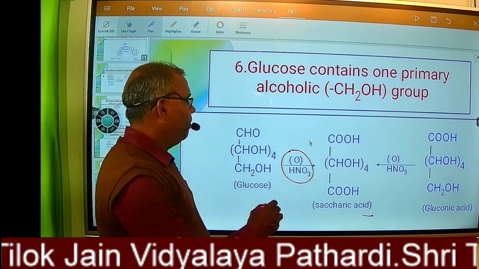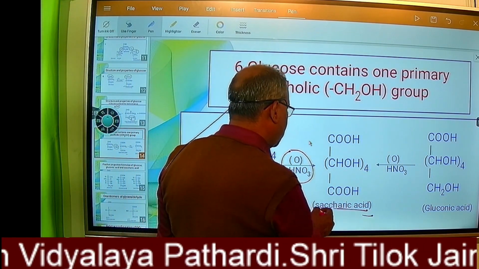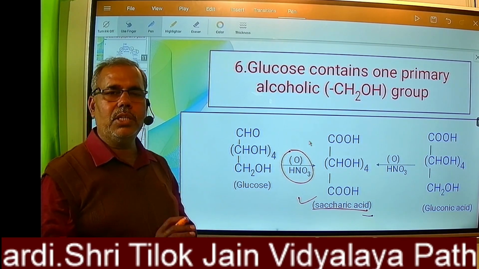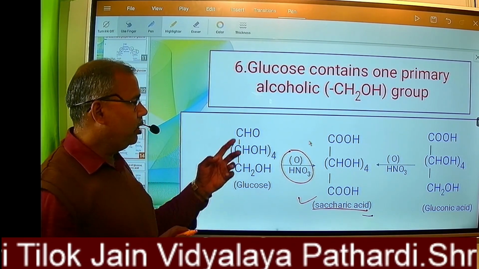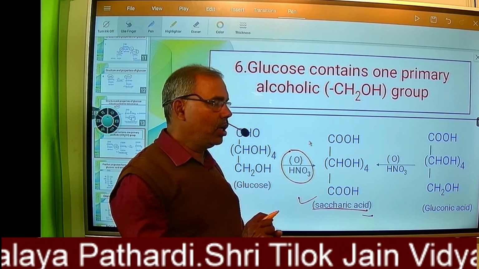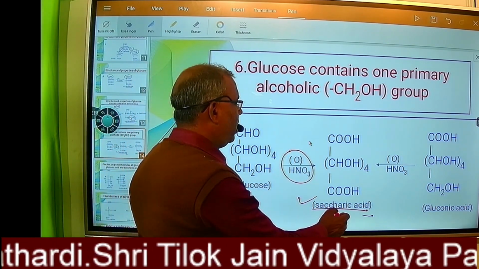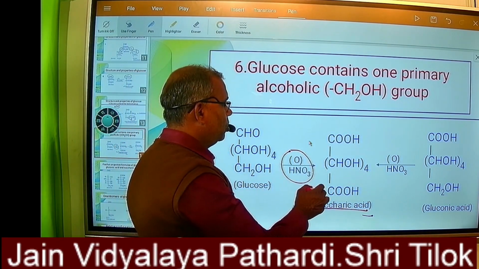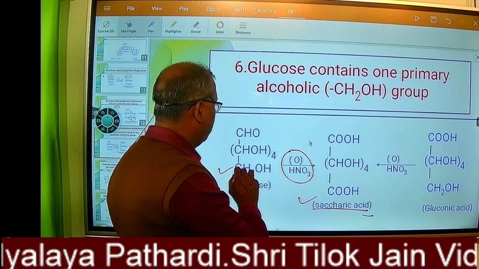So the product was found to be saccharic acid. Saccharic acid is a dicarboxylic acid having 2 COOH groups, carboxylic acid groups, at the 2 terminals. So saccharic acid is the dicarboxylic acid of 6 carbon atoms. So this saccharic acid was formed from glucose.